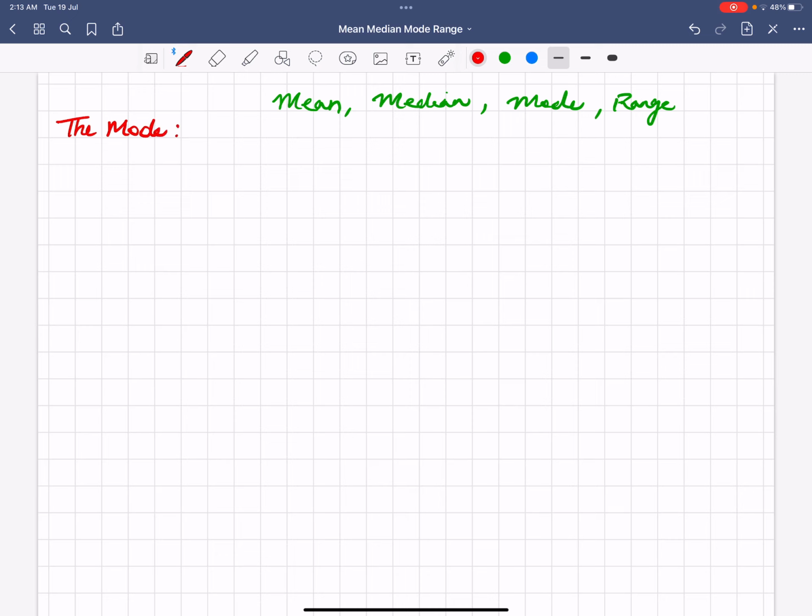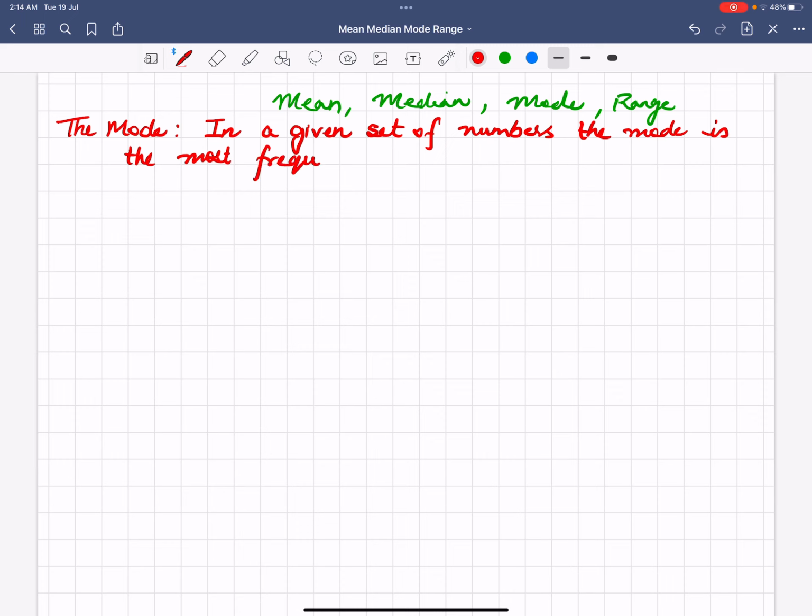What do we mean by mode? So in a given set of numbers, the mode is the most frequent value, which means it appears the most.